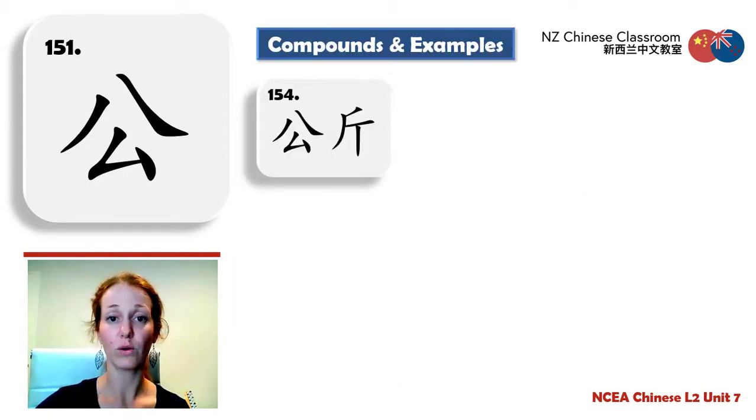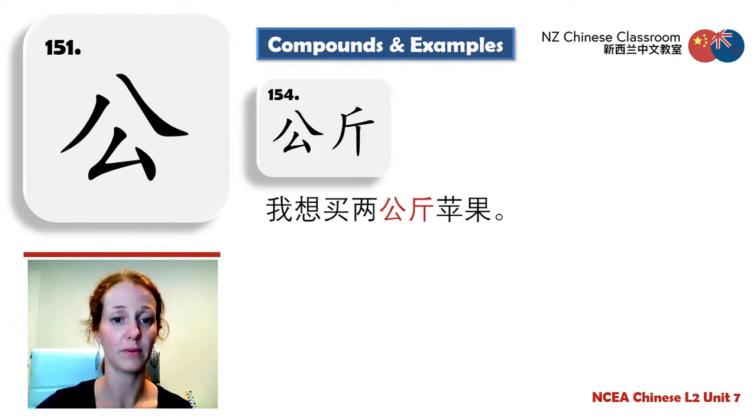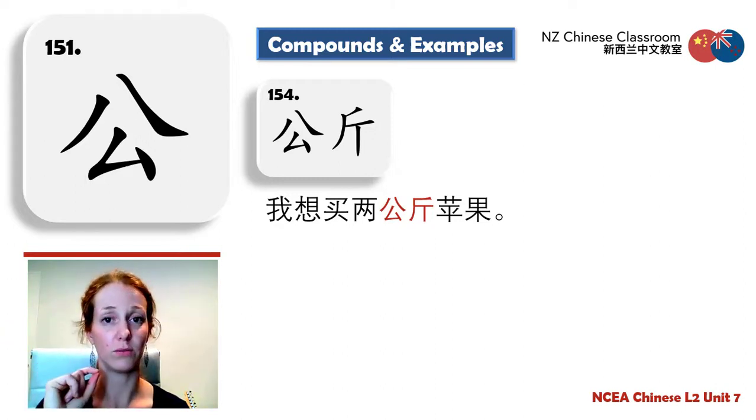好的，公斤 is a unit of measurement for weight. 公斤 is a kg. 我想买2公斤苹果. So 斤 is 500 grams, 公斤 1,000 grams, so 1 kg.